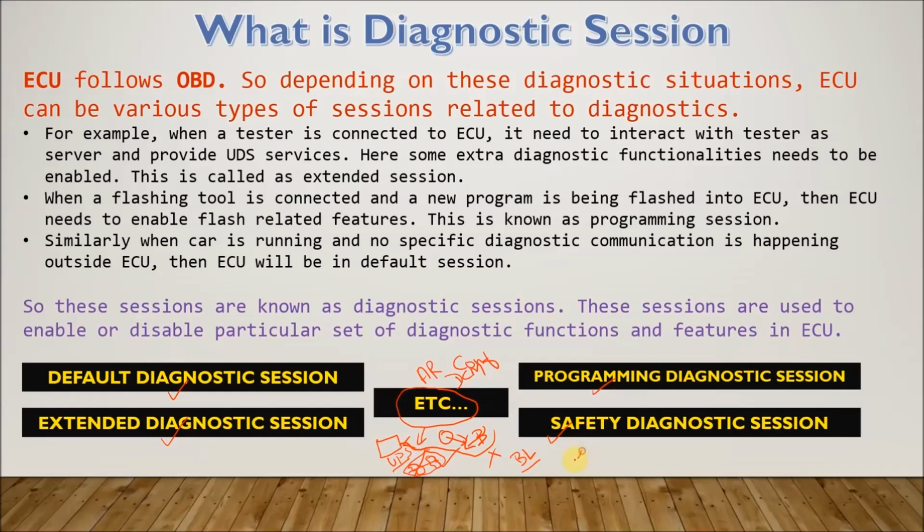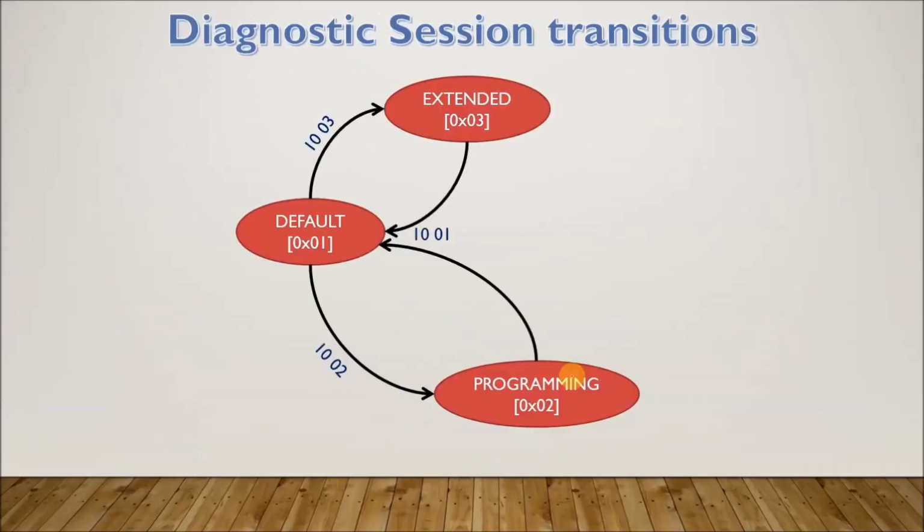So the control will be moved to the bootloader whenever we trigger the programming diagnostic session, right? So depending on this diagnostic session, a set of diagnostic functions and features in the ECU will be enabled or disabled. Okay, that's why we use the diagnostic sessions.